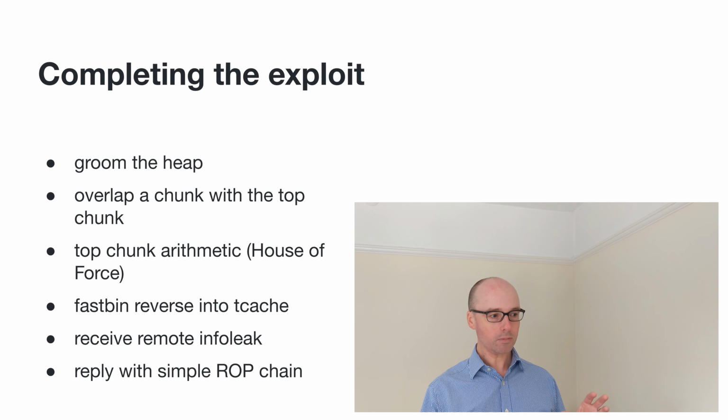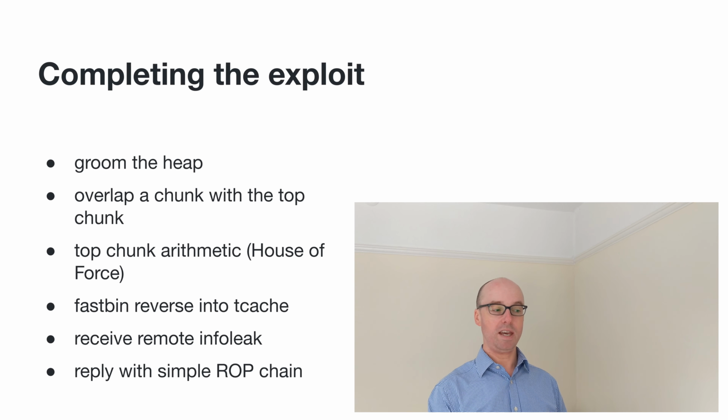top chunk. Then I use the local info leak in conjunction with the top chunk arithmetic technique to grab that stack pointer, subtract the offset from it, and then copy it to where I need it. Then I use the fastbin reverse into tcache technique to trigger the overwrite of the stack.